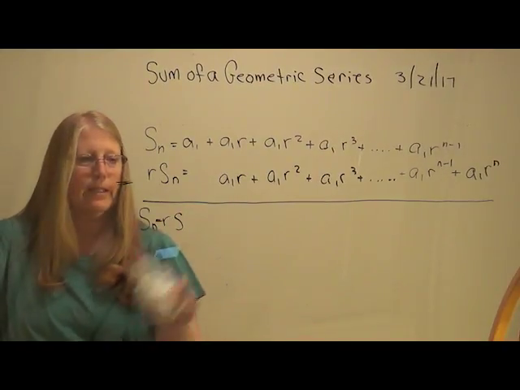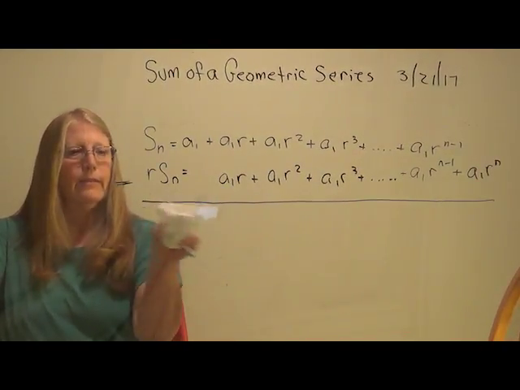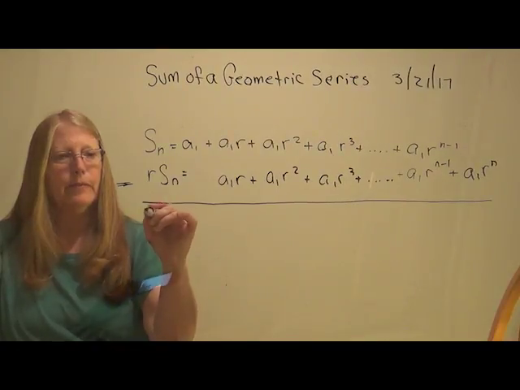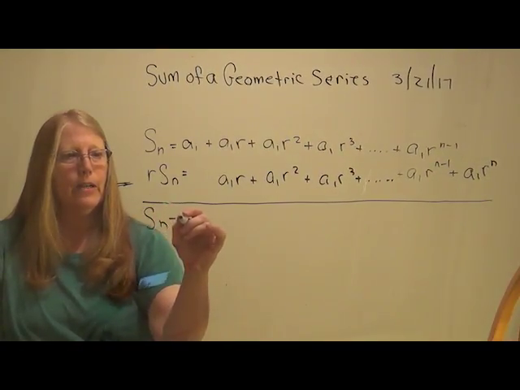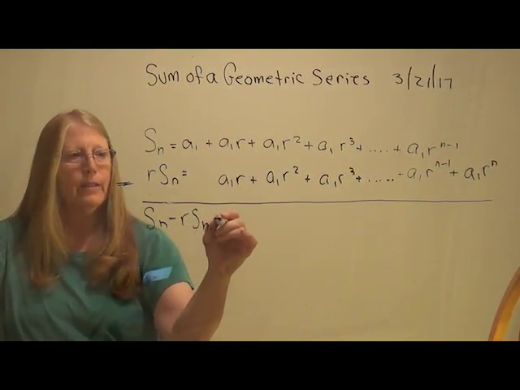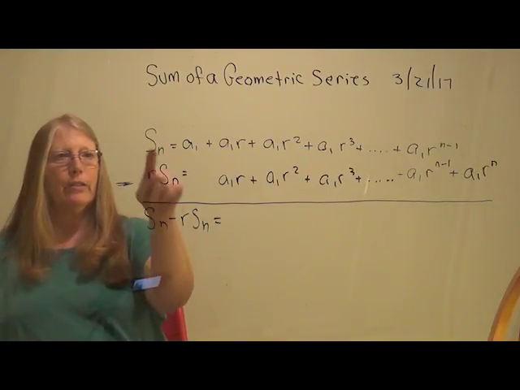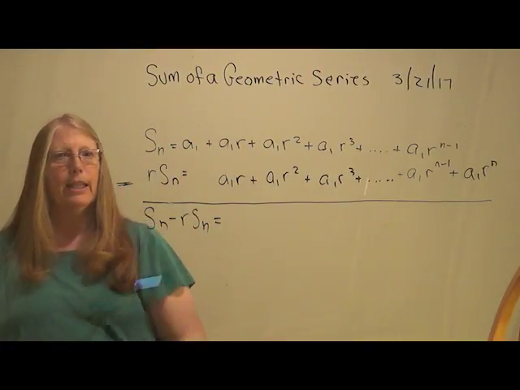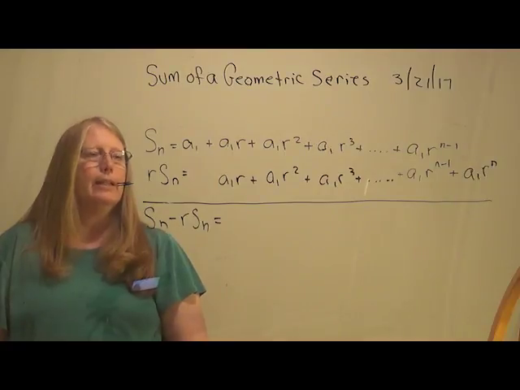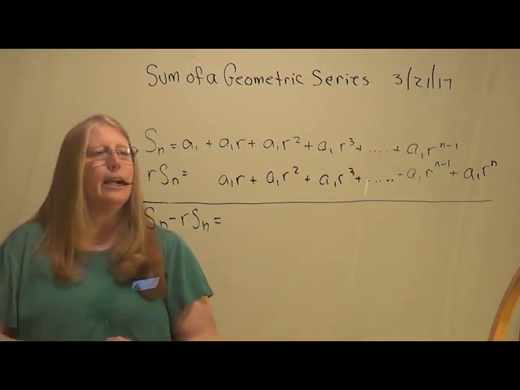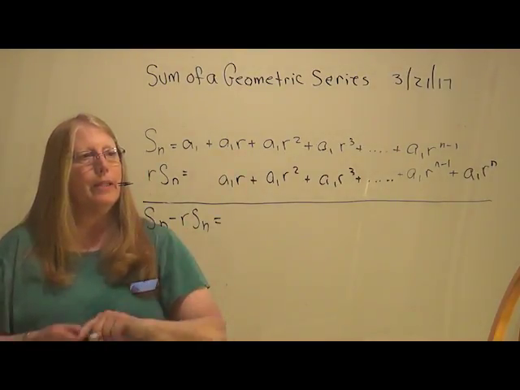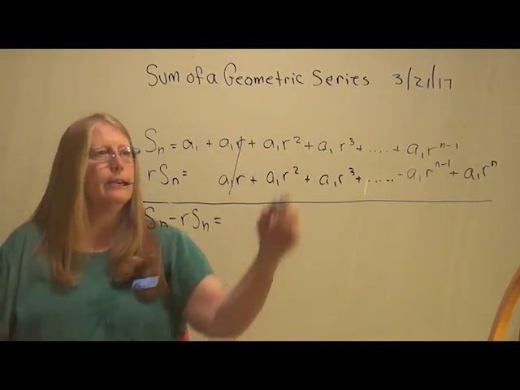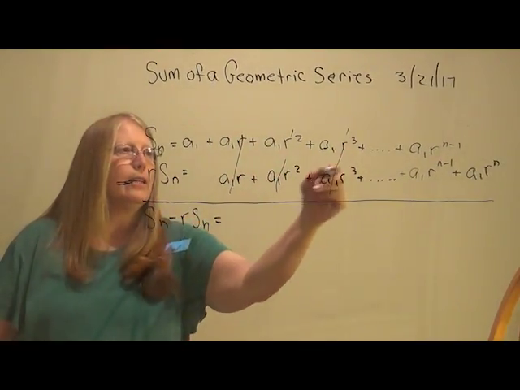Let me make sure that's clear. S sub n minus r s sub n. So that's what I get when I subtract this term from this term on the left side of the equation. Now, on this side, when I subtract this from this, gone, gone, gone.